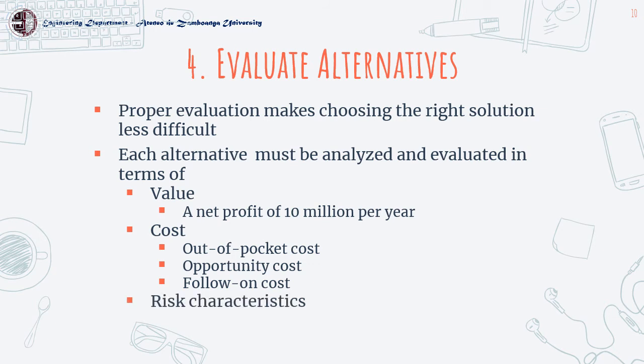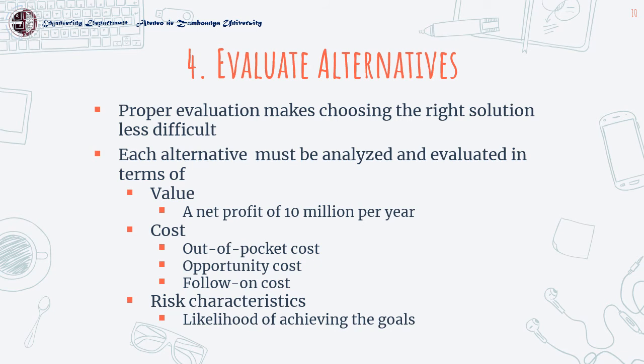Another factor is the risk characteristics. So the likelihood of achieving the goals if this particular alternative is chosen. So if the probability of net profit of 10 million is only 10%, compared to others which will have a bigger probability of, say for example, 5 million profit per year, but the probability of earning that is 80%.